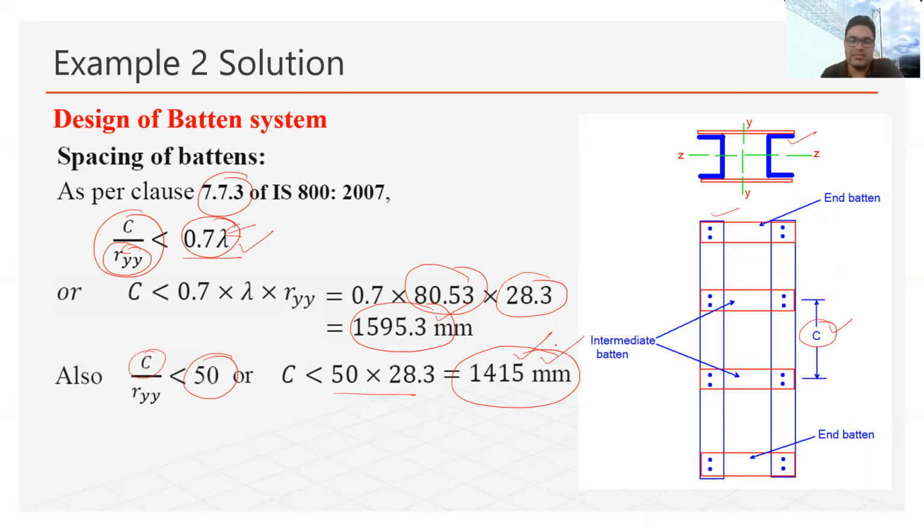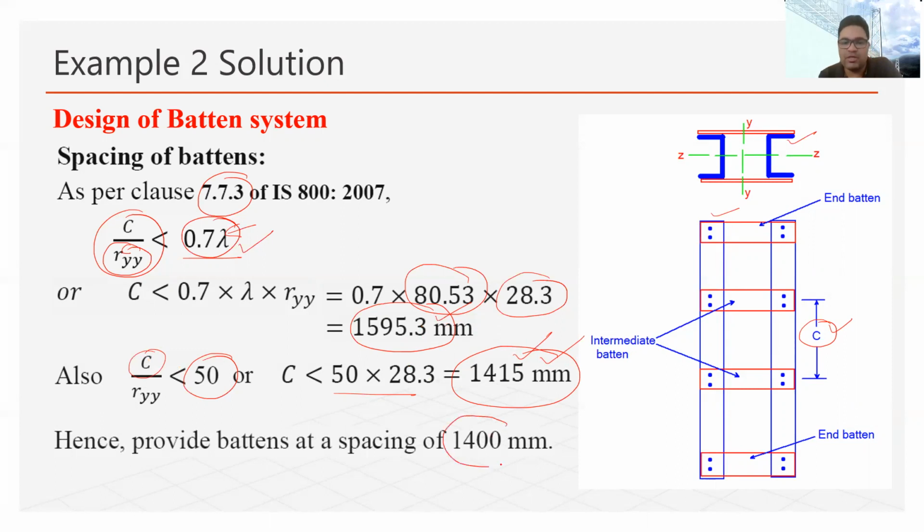So let us say we provide the spacing of baton as 1400. This satisfies both conditions. This is how we calculate the spacing of the baton as per IS code recommendations, which is the first parameter that we have calculated.